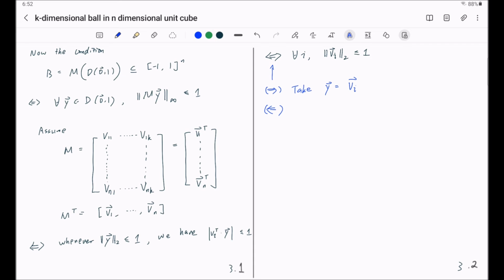And for the backward direction, if you have for any i, Vi has 2 norm less than or equal to 1, then this part follows from the Cauchy-Schwarz inequality.